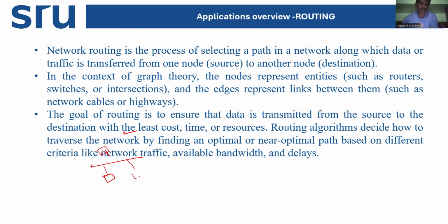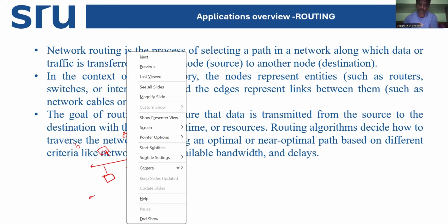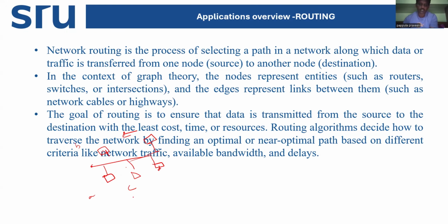We assume this is A, this is B, C, D, and E. Now we have to transfer the data from A to E via the bus. This is one process of transferring the data.